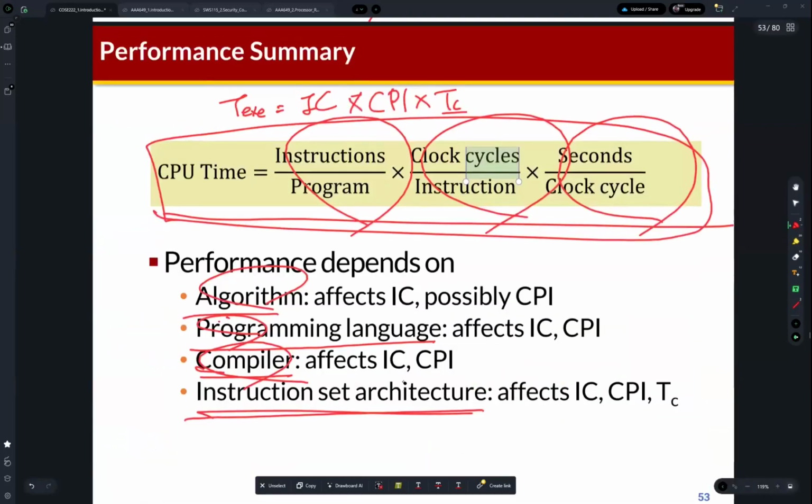I also explained that if we analyze the equation, we can figure out which factors influence the performance.